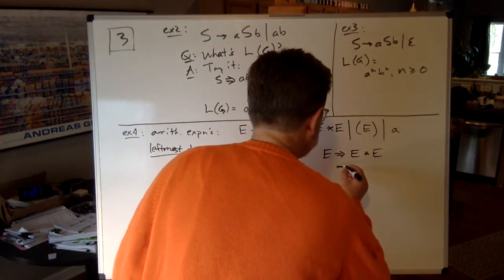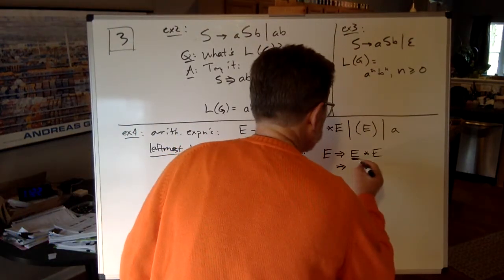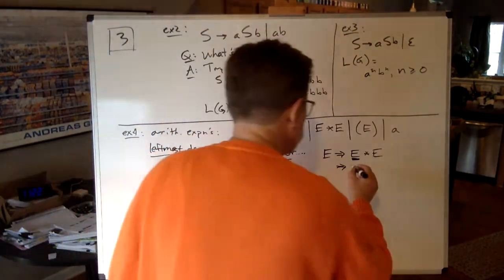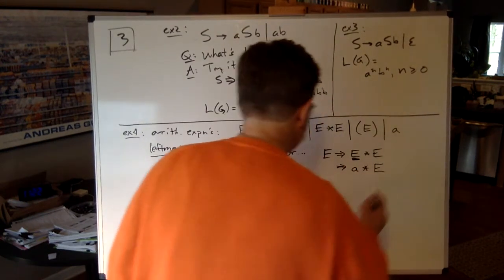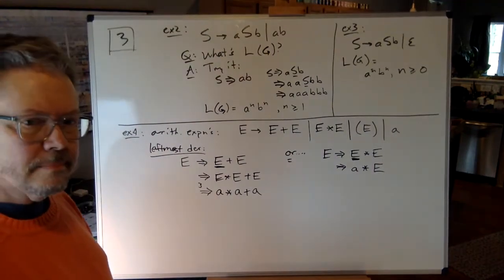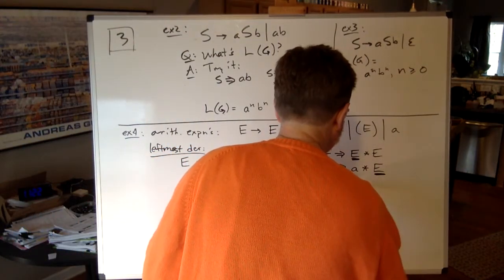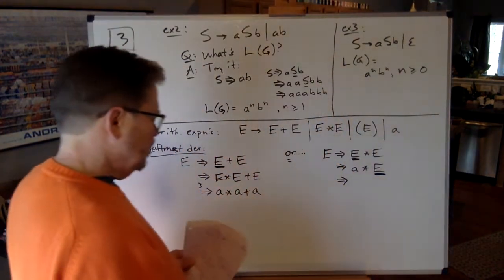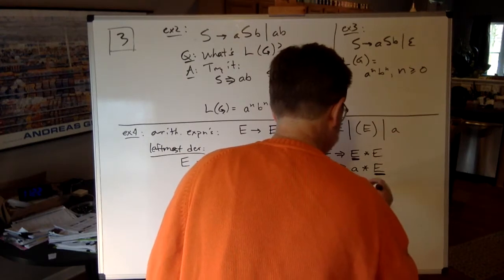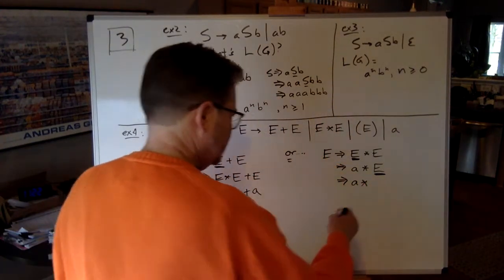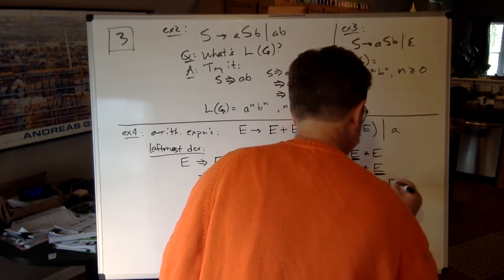Then, leftmost derivation rule: I'm going to replace e with an a already. A times e. Now I've only got one non-terminal to replace in the next step, and I'll replace that with e plus e, just to mix things up. So I'll have still the a times up front, and this e will be replaced with e plus e.